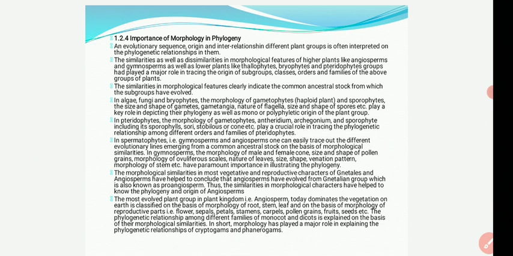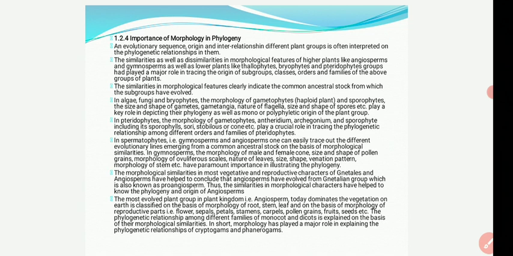In algae, fungi and bryophytes, the morphology of gametophytes, that is haploid plant, and sporophyte, the size and shape of gametes, gametangia, nature of flagella, size and shape of spores, etc., play a key role in depicting their phylogeny as well as mono or polyphyletic origin of the plant group.